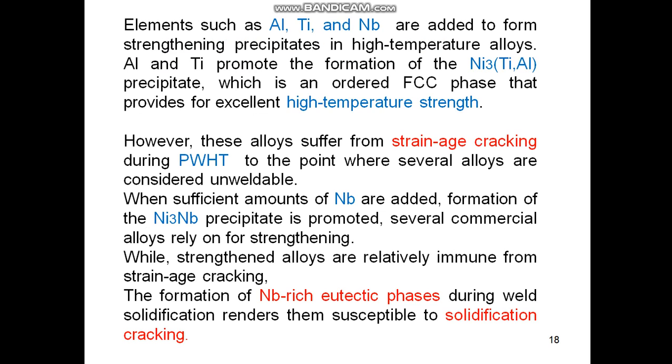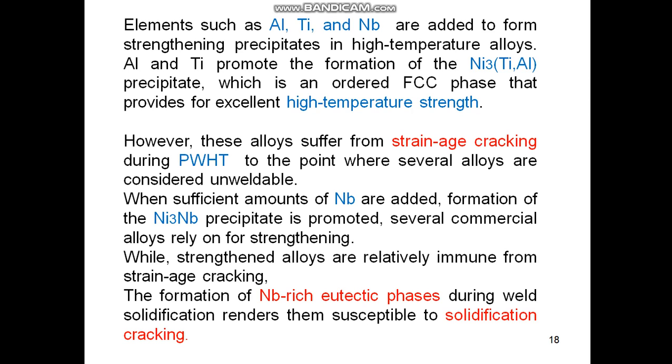But these alloys, particularly the high temperature alloys with aluminum and titanium added, precipitation strengthened alloys, suffer from strain age cracking during the post-weld heat treatment process, and sometimes they are less weldable.